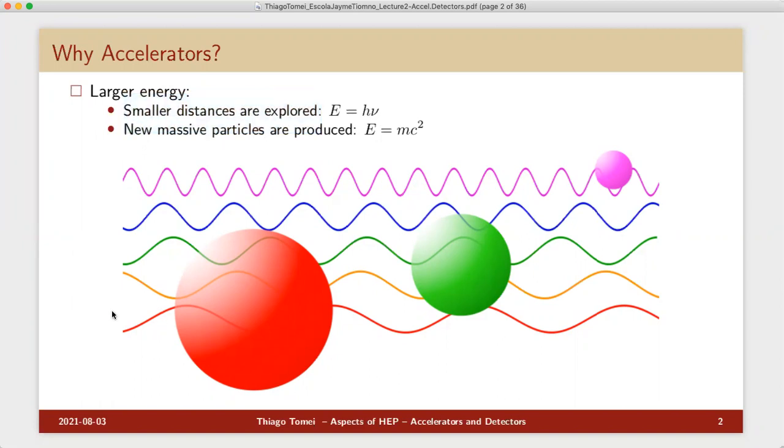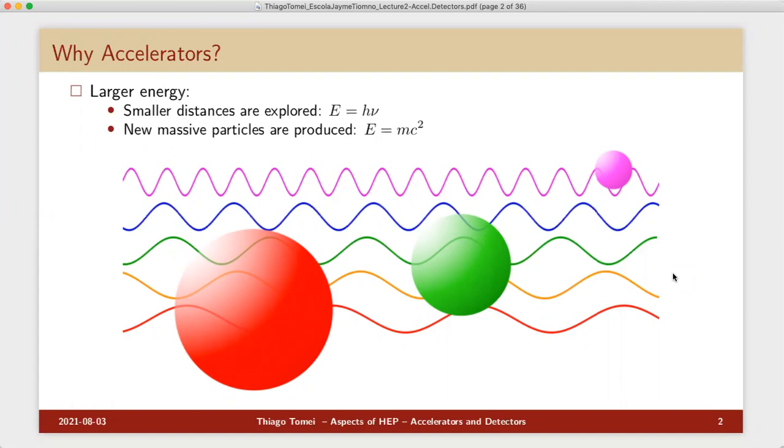And this is not at all unlike what you have in solid state physics. Remember, in solid state physics, if you want to study a crystalline network, you would have to investigate it with radiation of the same wavelength, so photons of the same wavelength as the interspacing of the crystalline network.